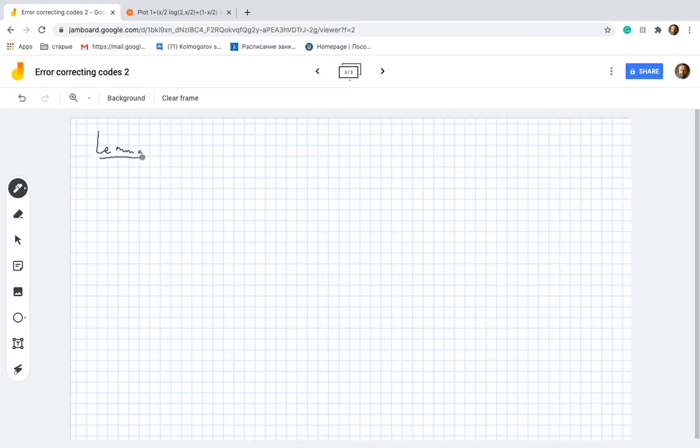For arbitrary Q, we have the following bounds. The logarithm of the ball of radius r is equal to n plus order log n if r over n is larger than q minus 1 over q.